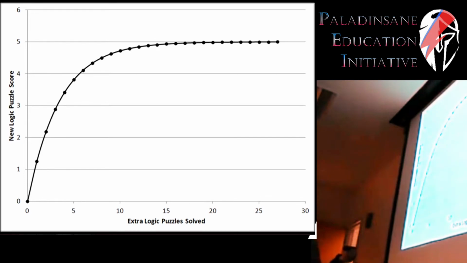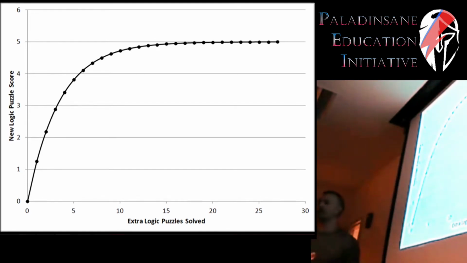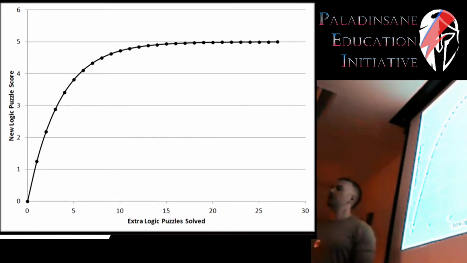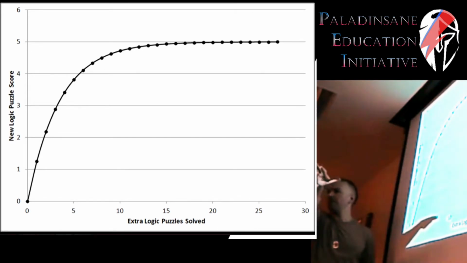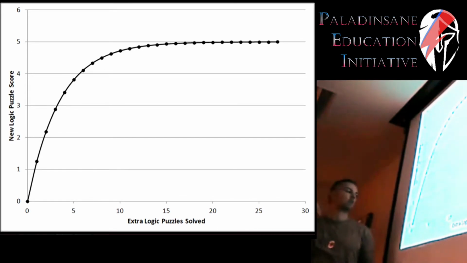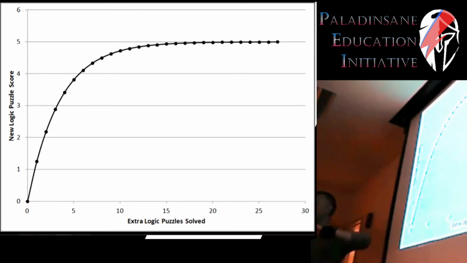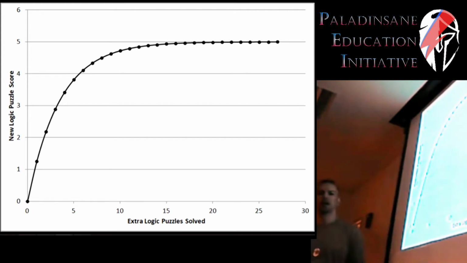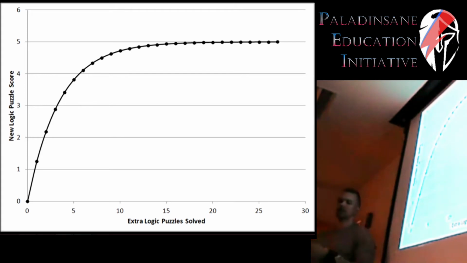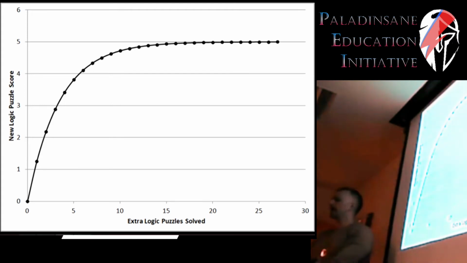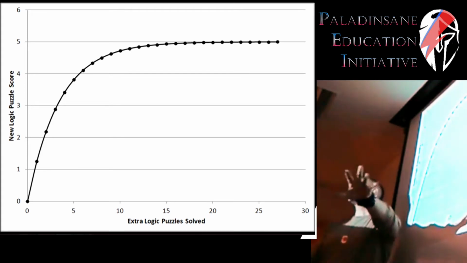This is a graph of how you earn points. You can earn up to the entirety of the 5 out of 5. This is for if you started at 0 out of 5, so let's say you didn't get a single line correct. This is a system geared towards growth.